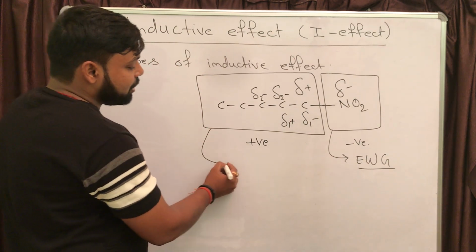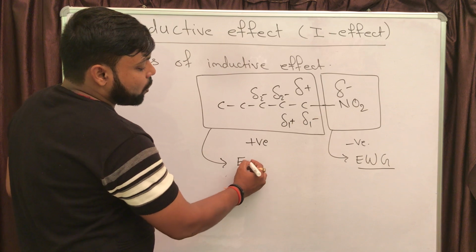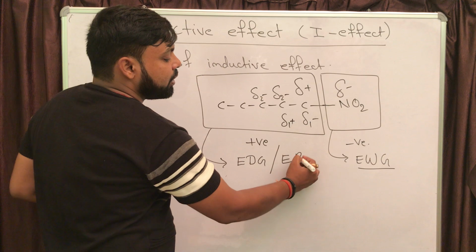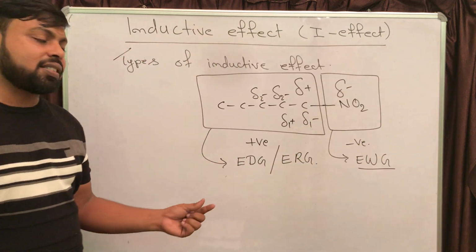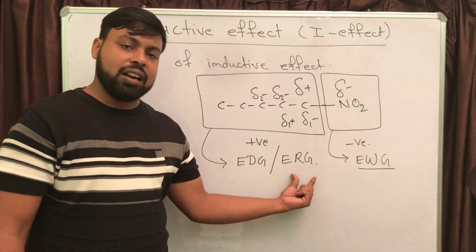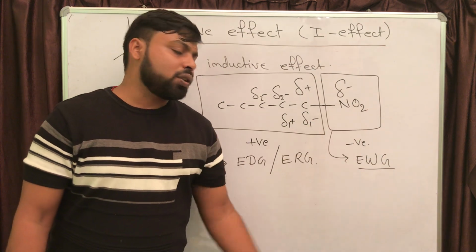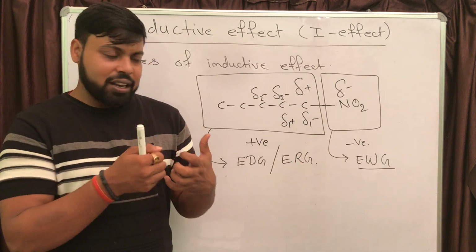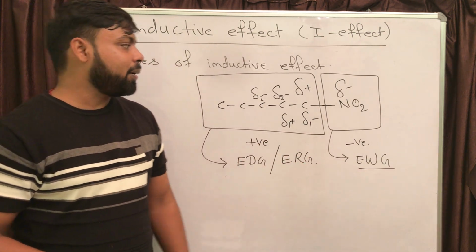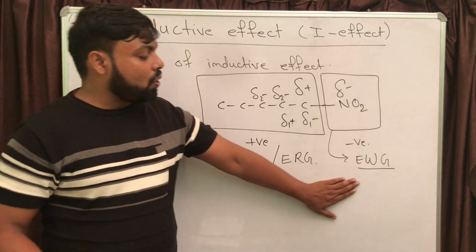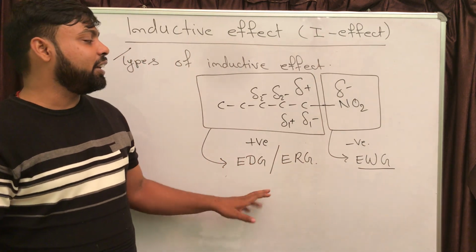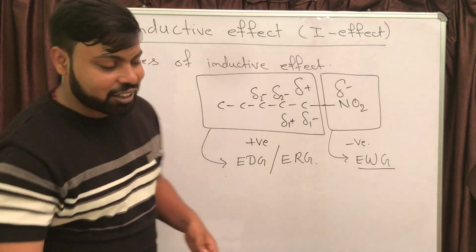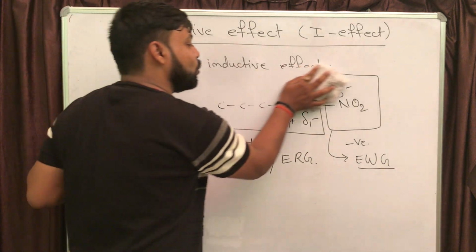So this carbon chain is known as electron donating group, or electron releasing group. And this NO2, the portion of the molecule which is withdrawing electron, is known as electron withdrawing group, right? Based on the nature of the two groups, the inductive effect is divided in two parts.